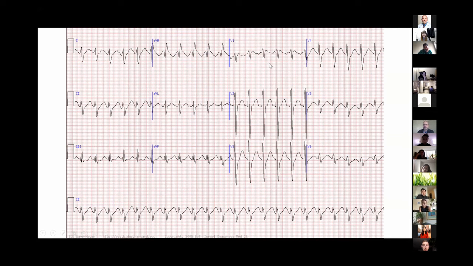I think this particular QRS complex I would just classify as a non-specific ventricular conduction delay, because I don't have criteria, or maybe incomplete right bundle branch block, but I don't have criteria for a full left or right bundle. But yes, you would call the morphology an RSR prime, based on the nomenclature of QRS. That's absolutely correct.